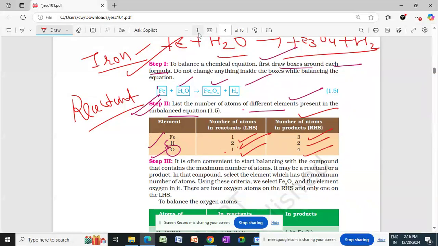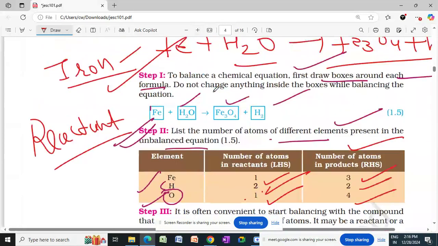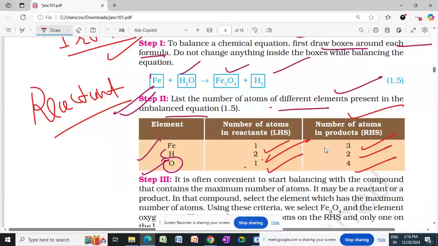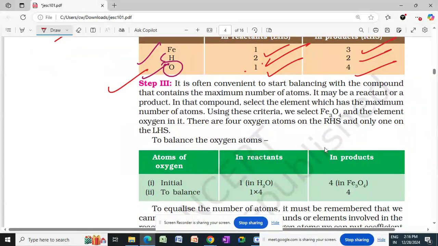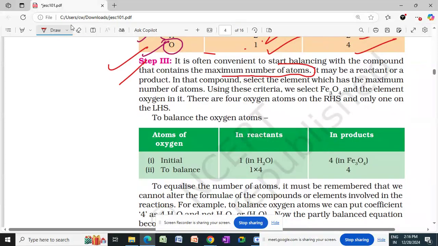So step number 3. In step number 3, it is often convenient to start balancing with the compound that contains the maximum number of atoms. It may be a reactant or a product.